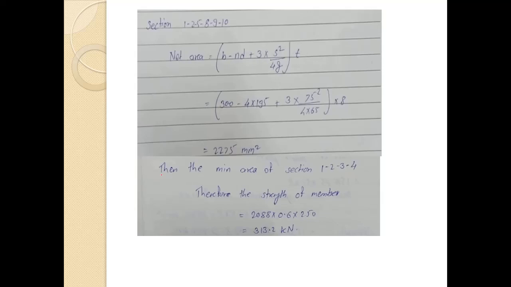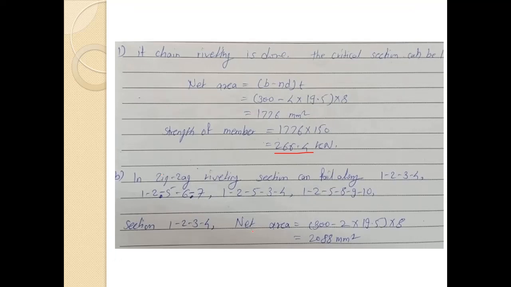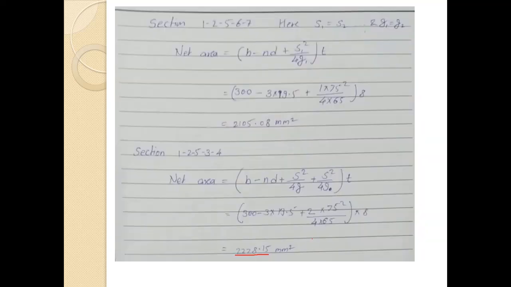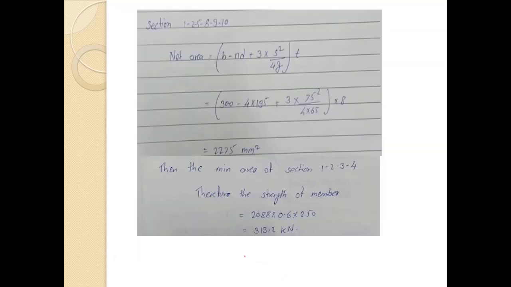So in all the sections where we are getting the minimum area, starting from here we are getting 2088, we are getting 2105, we are getting here 2228, and lastly 2275. So amongst these we are getting the minimum area at this section 1, 2, 3, 4.